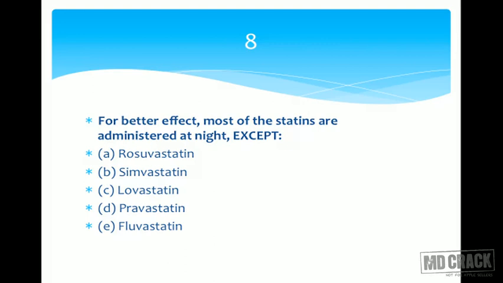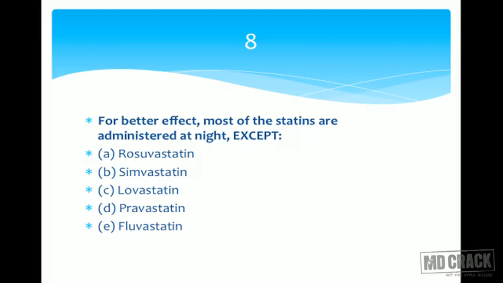You need to know that HMG CoA reductase activity is highest at night. So if the enzyme is active, you can inhibit it. If it's not much active, what inhibition are you going to produce? So because the enzyme is active at night, it's better if your blood levels are good for that particular drug at night. And which drug is going to produce good blood levels even at night?